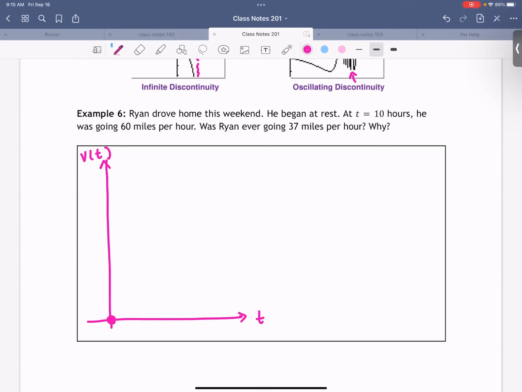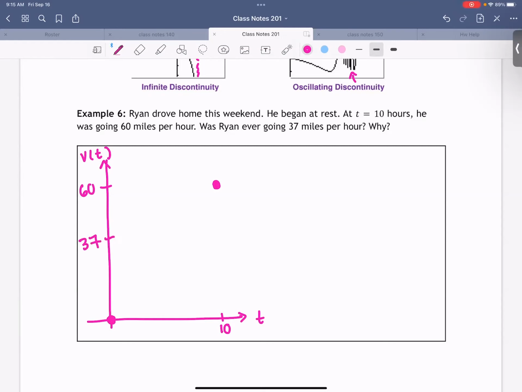At time equals 0, he was going 0 miles per hour. The question said at time equals 10 hours, he was going 60 miles per hour, so he was going this fast. And we know that 37 is a number between 0 and 60. So 37 miles per hour is probably here.